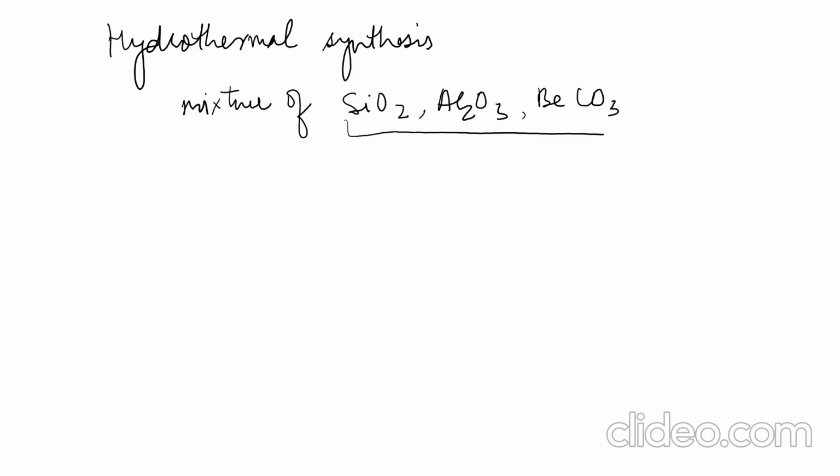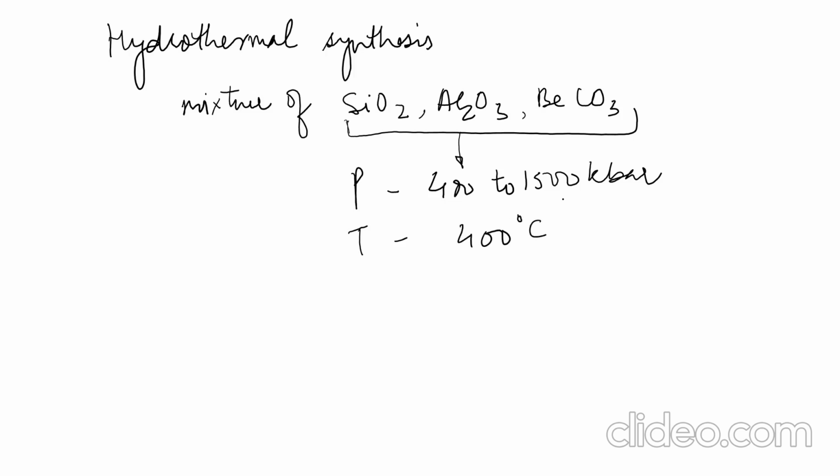So this mixture can lead to the formation of beryl at pressures which will vary from around 400 to 1500 kilobar and temperature at approximately 400 degrees Celsius.